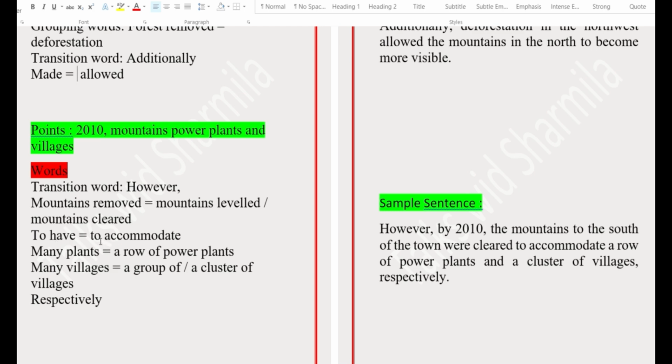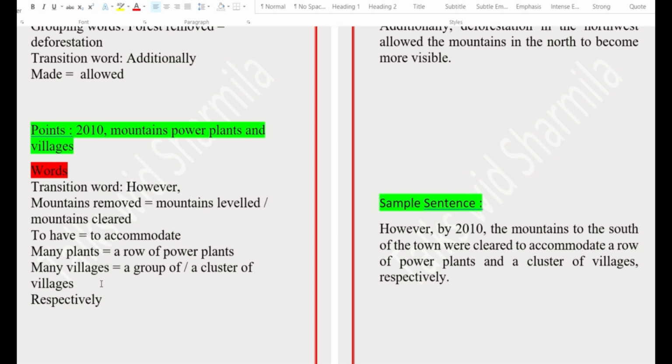In every sentence, if you are observing, there is something to learn. Like here in the sentence, we have used the transition word "additionally." Earlier, in the sentence, we have used the word "once." Similarly here, it is these two: many plants we are talking about and many villages.